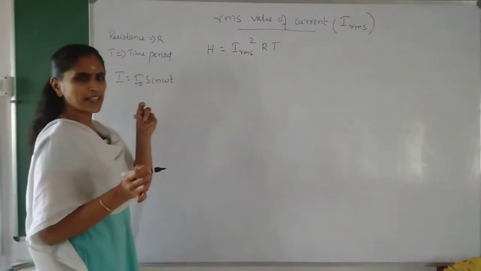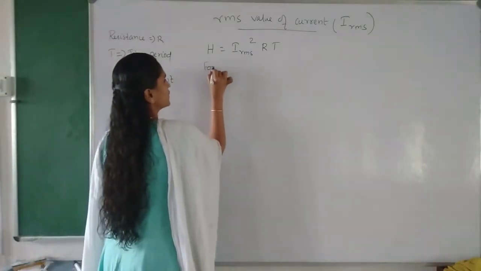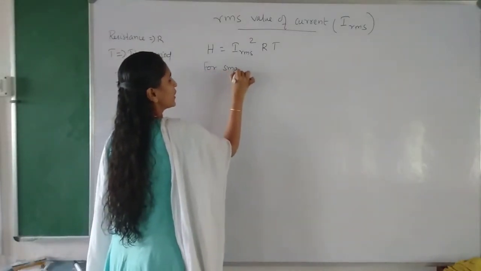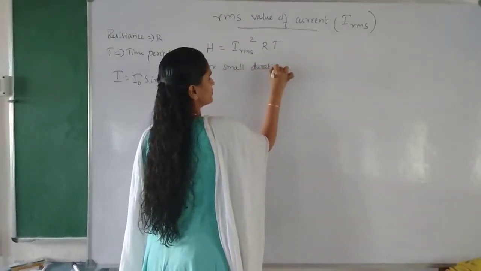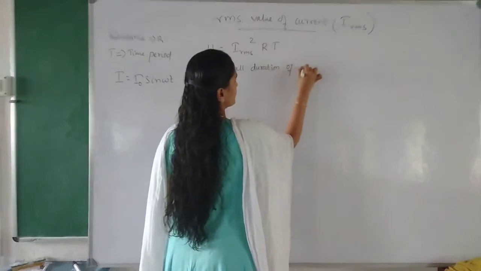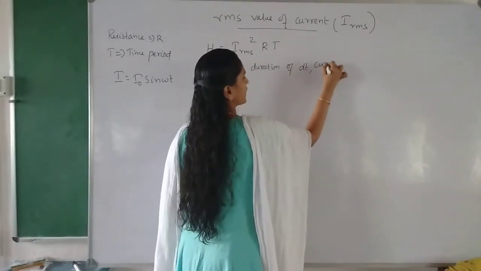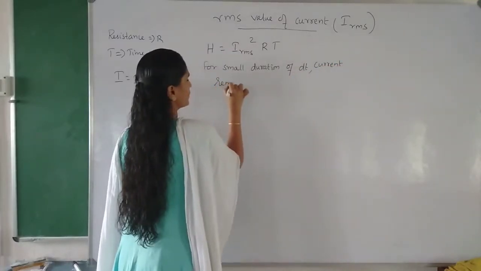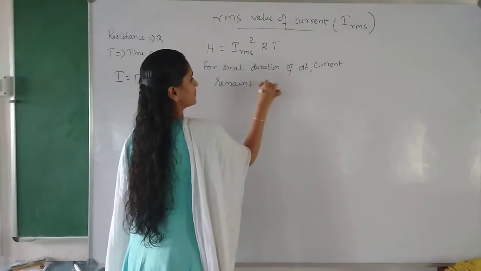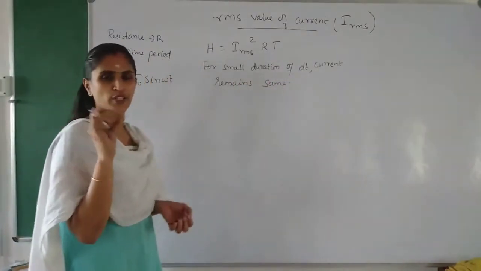So we are considering a small interval of time dt. For a small duration of dt, we consider the current remains the same.